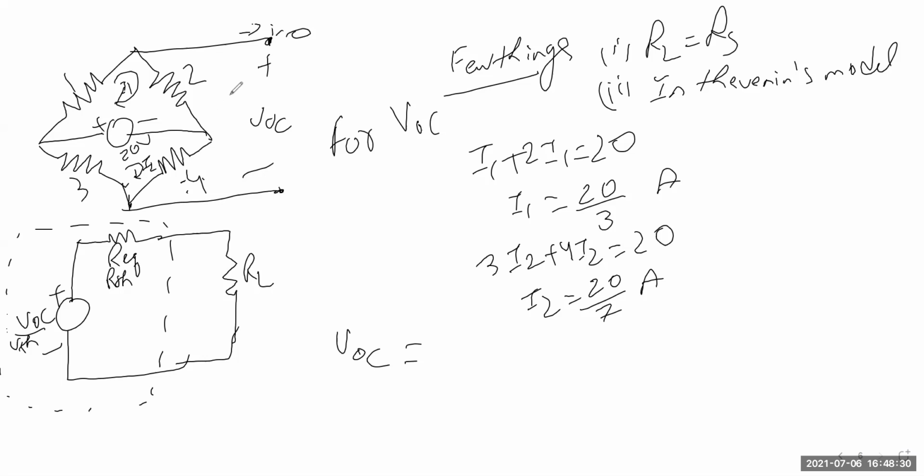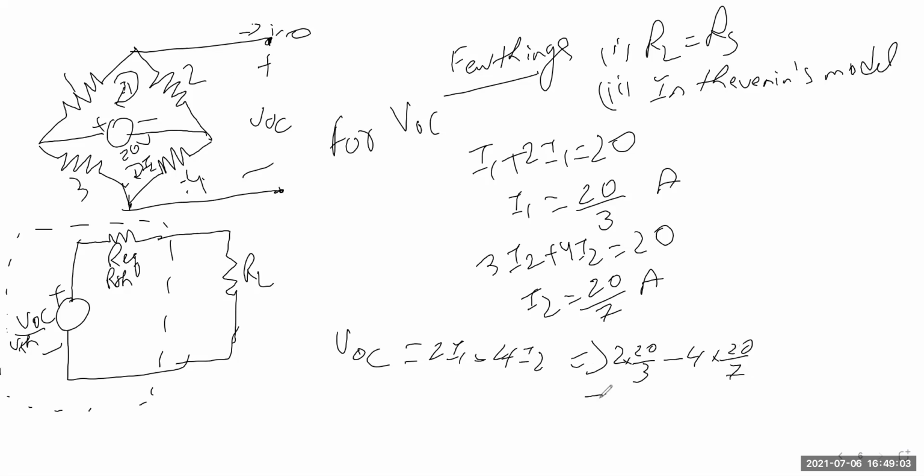On seeing this figure, we can easily write that VOC would be 2I1 minus 4I2. On substituting the values, 2I1 is 20 by 3, minus 4 by 2 times 20 by 7.